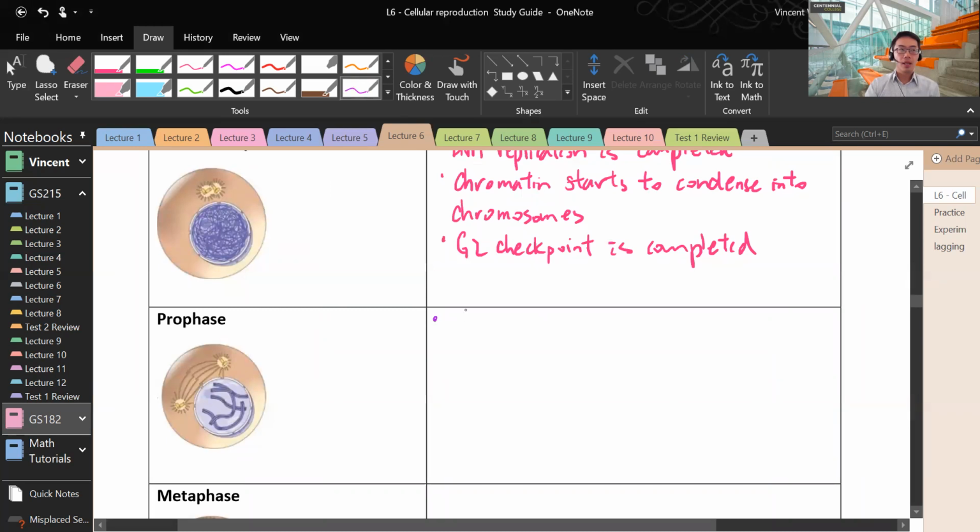The chromatin is fully condensed into chromosomes.